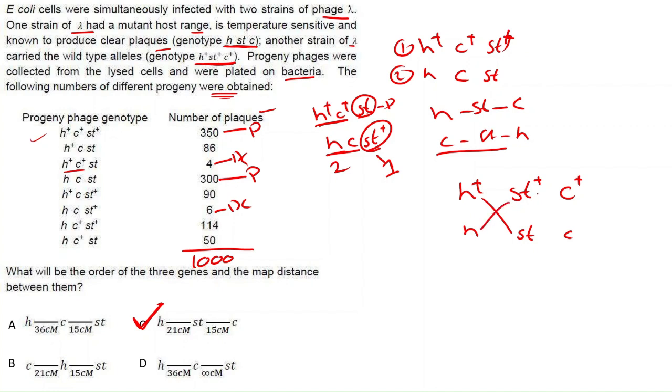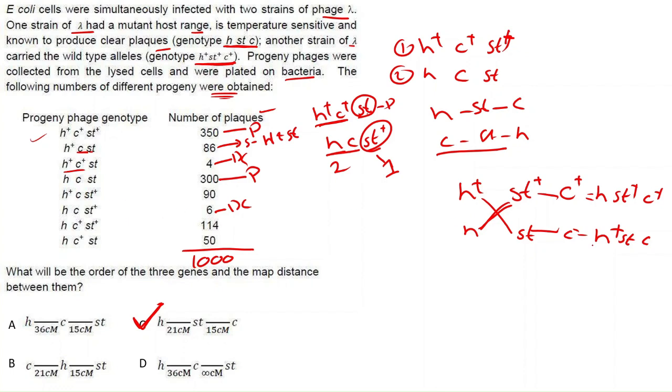If you cross this, H plus, ST and C, then H, ST plus and C plus. See here, H plus, ST and C. So this is the single crossover product between H and ST.